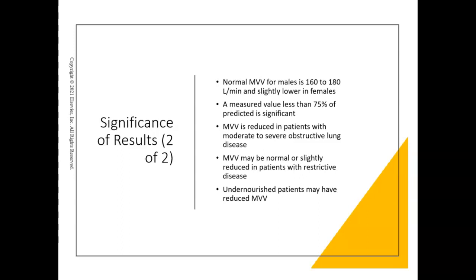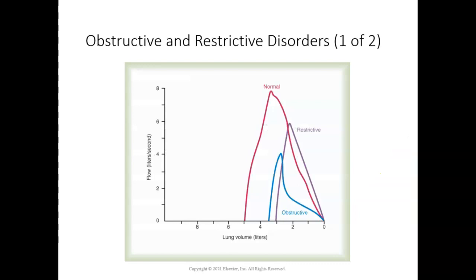It's usually going to be reduced in patients with moderate or severe obstructive lung disease. It can be reduced in patients with restrictive disease, but if you have a patient that's malnourished or has a known neuromuscular disorder, you would understand that these results probably wouldn't be very accurate.